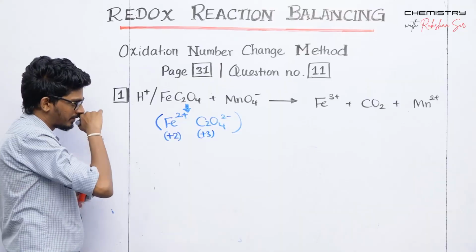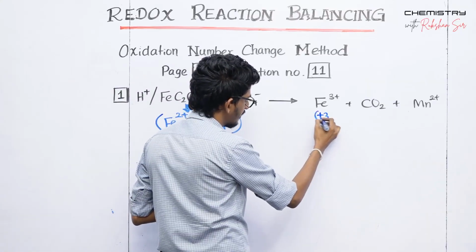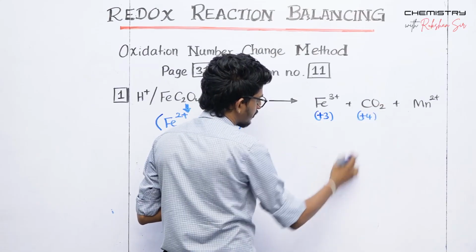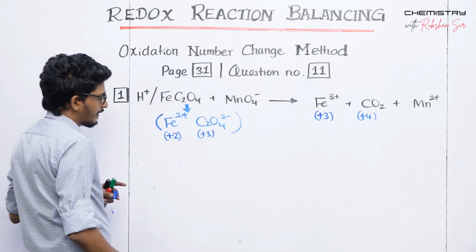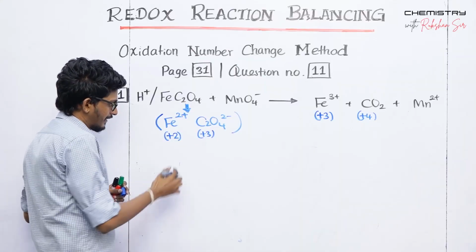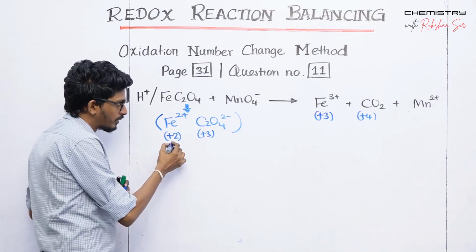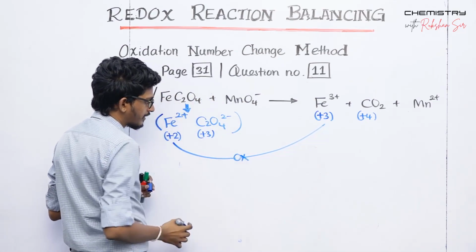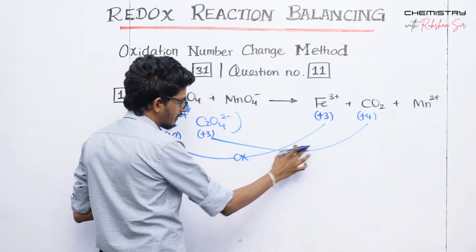One carbon carries +3, but in the product you see +4. So you clearly see the 2 guys are oxidizing here. The Fe2+ gets oxidized, and not only that, the carbon here also gets oxidized.